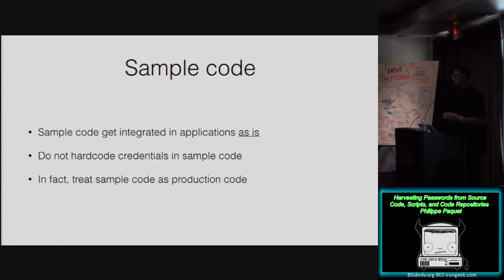I understand you want the sample code to be concise, but because you want sample code to be concise, you're going to be hard-coding credentials, which means that hard-coded credentials are going to end up in your applications. It is your fault there. You need to do something about it. You should treat sample code as production code, because most of the time, your sample code is going to end up in production. They are going to copy the code, paste their credential, and it worked, and they are not going to look back. And 6 months later, they are going to be breached because of that.